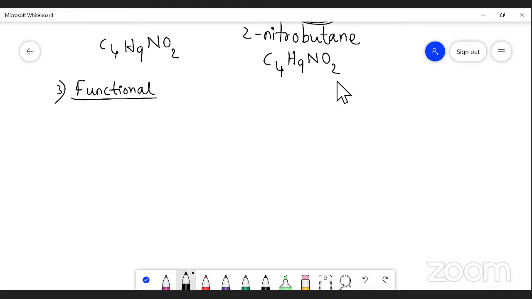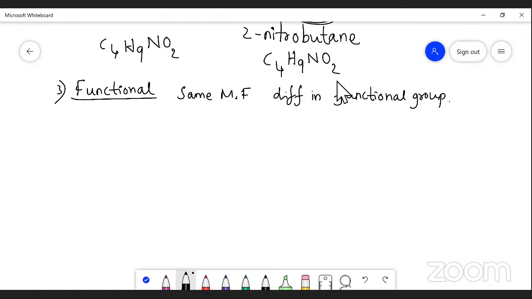In functional isomerism, the two compounds have the same molecular formula, but differ in their functional group. Yeah, the functional group is changed.